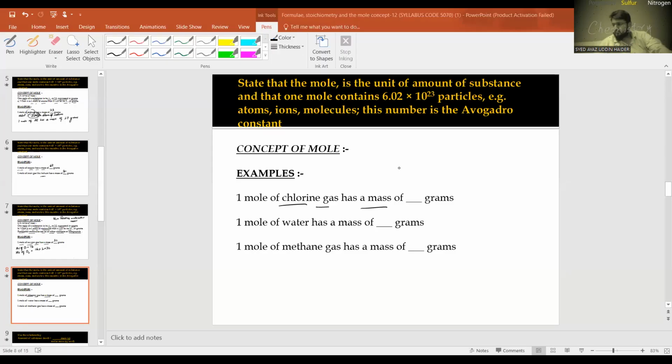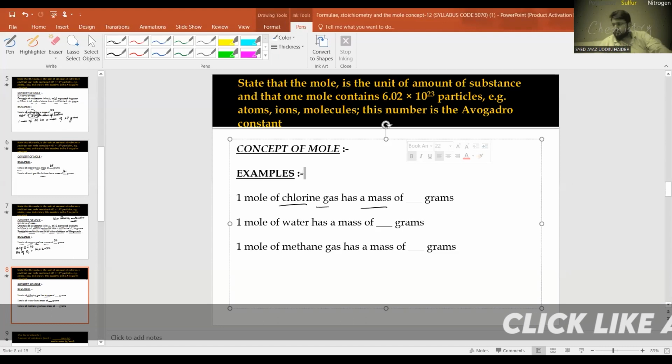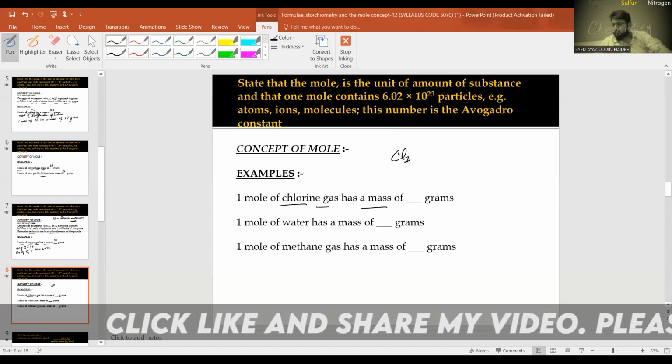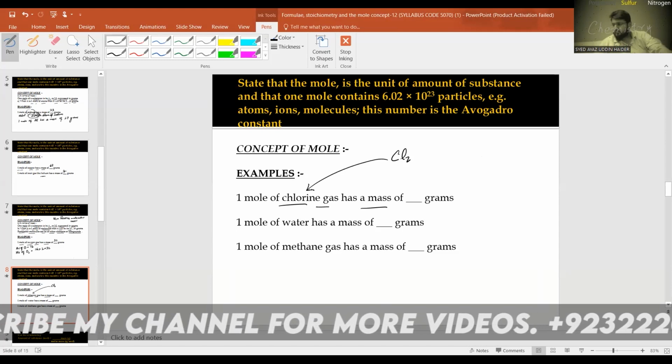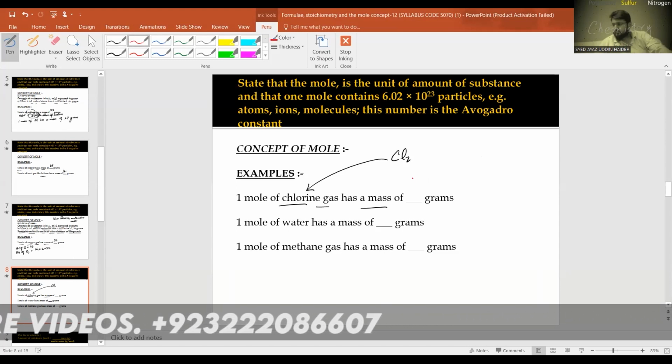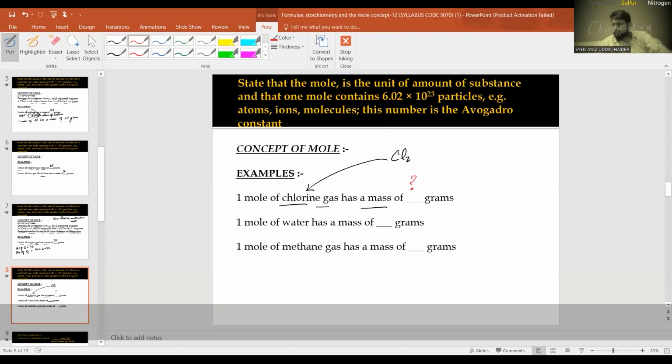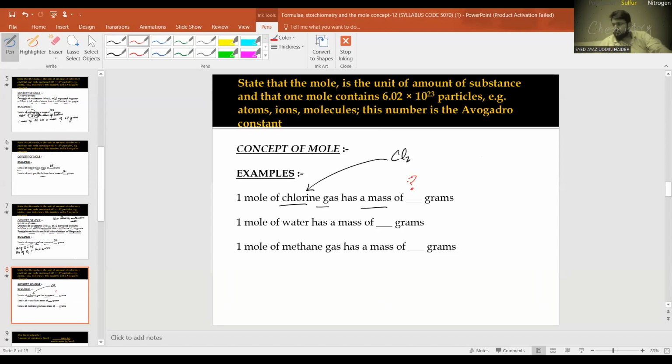So for chlorine, you have to write the formula Cl2, not Cl. Now you have to write the mass of chlorine in grams. You will work it out by yourself. Look at the AR of chlorine, then multiply it by 2. Then we'll get the answer.